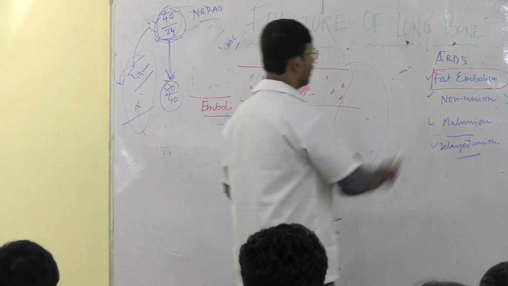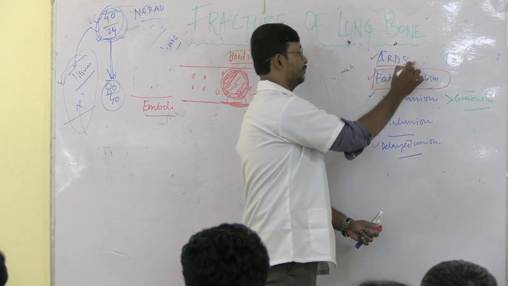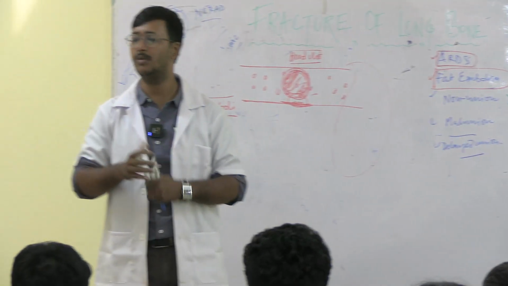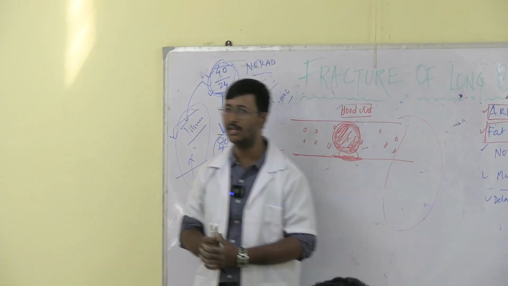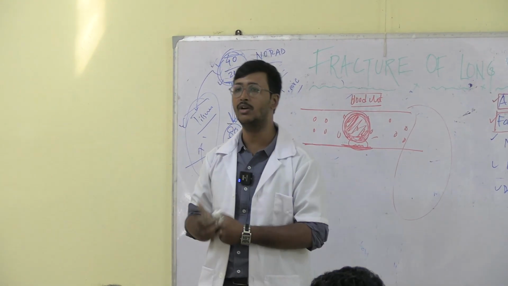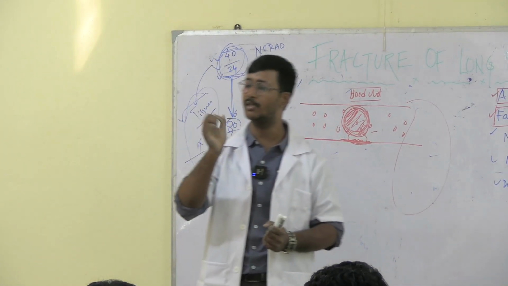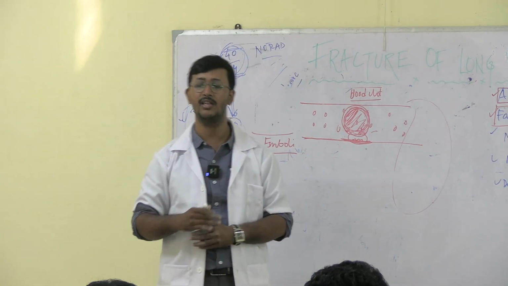Then comes your ARDS, that is acute respiratory distress syndrome. Here, in the acute stage, the respiration will be hampered. Just know this term, let us not go into the detail. The respiration will be hampered due to shock and various other factors. Some fibrous structure will keep on accumulating in the lungs.